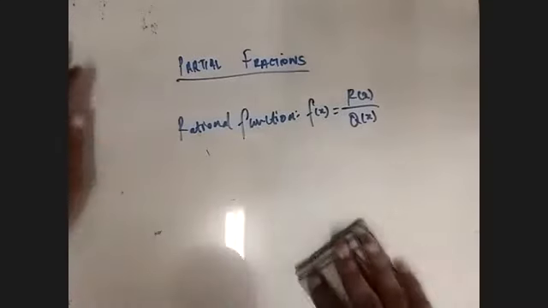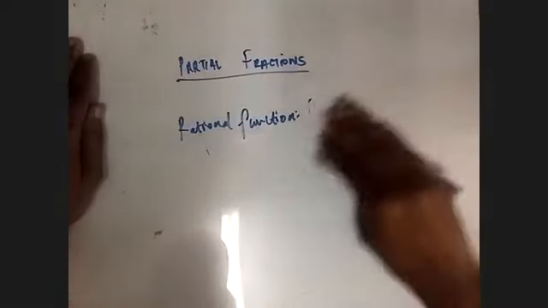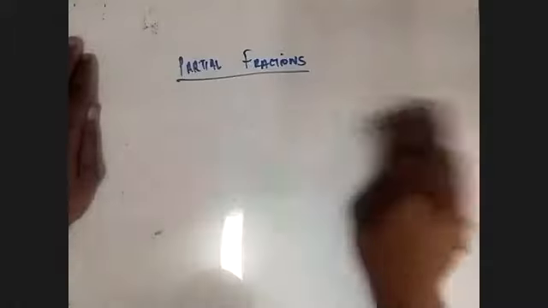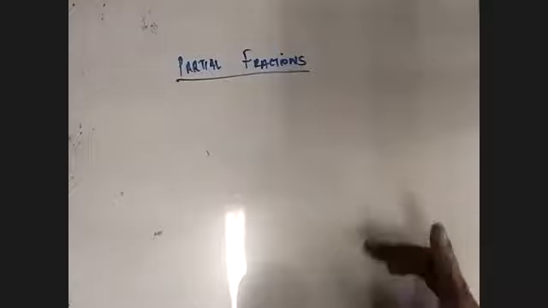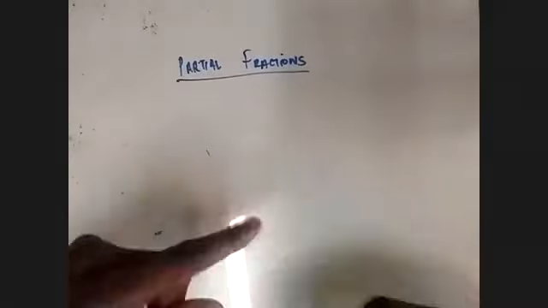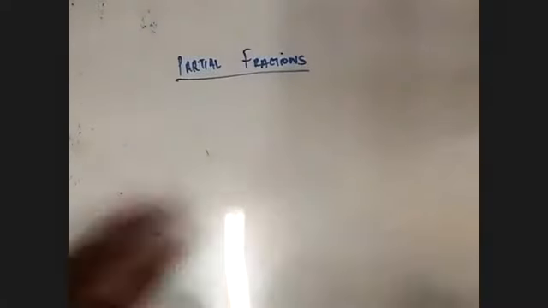But today, I want us to only do two cases of these partial fractions. The reason I want us to do these cases is because I want you guys to understand what we will be doing when we are talking about partial fractions.